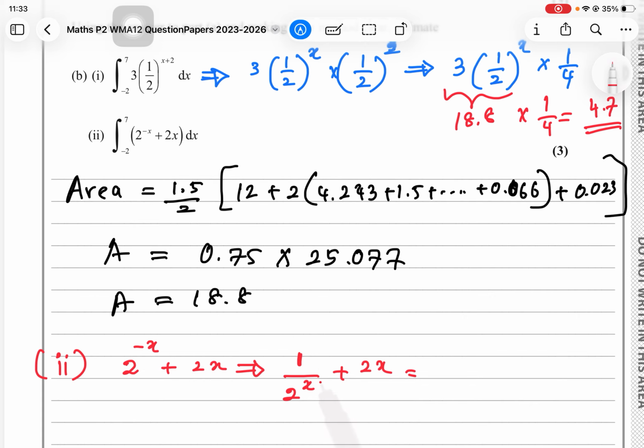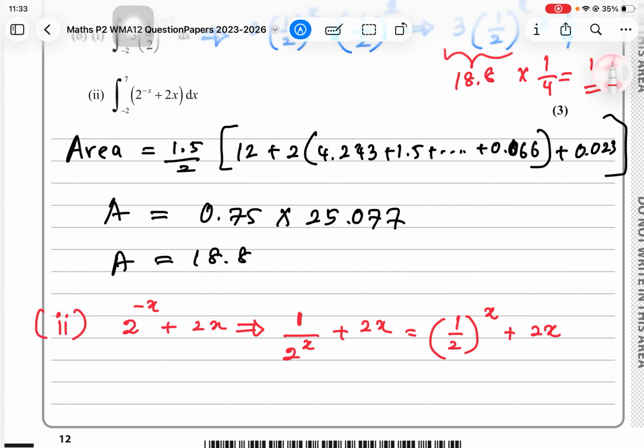One over this thing, so we can also take this part, 1 over 2 to the power x, plus 2x.